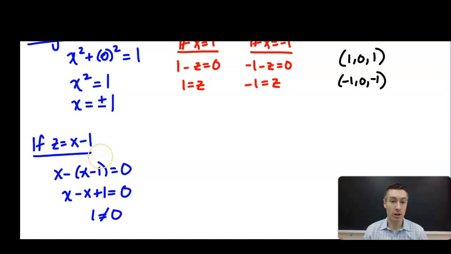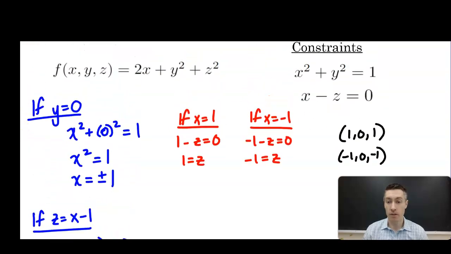So this relation that would have given us 0 in the gradient of the Lagrangian function doesn't yield any critical points. Okay, so that leaves us with just 2 points to test in the function.